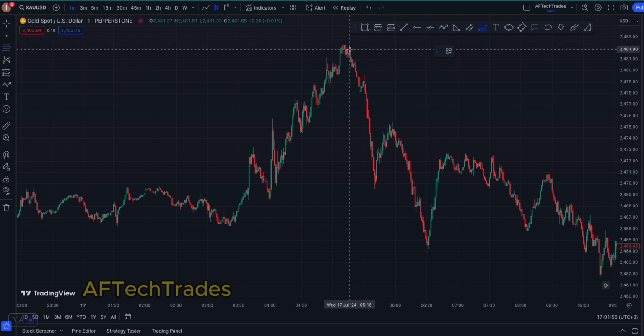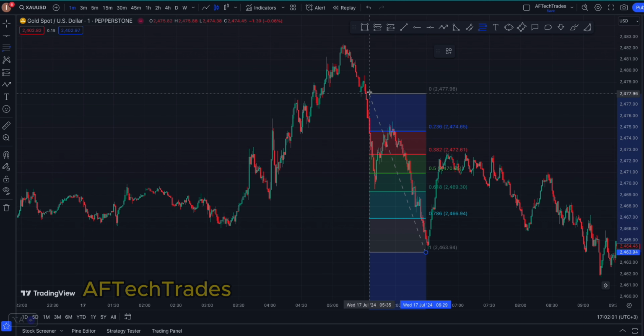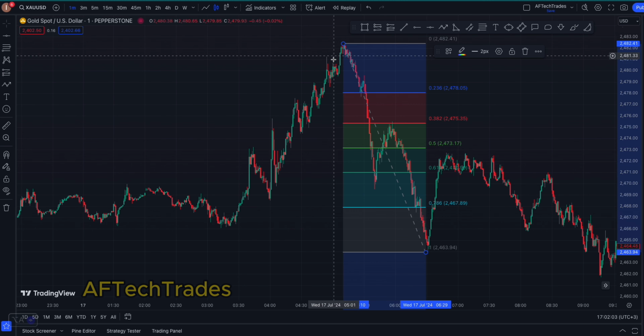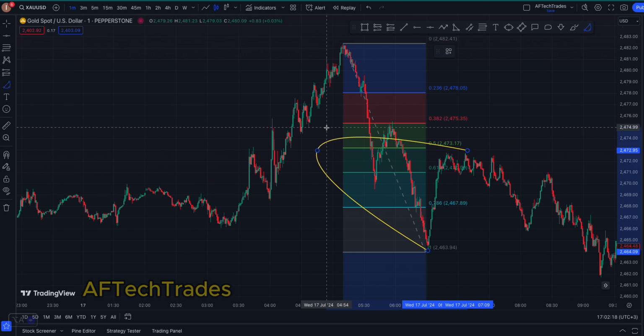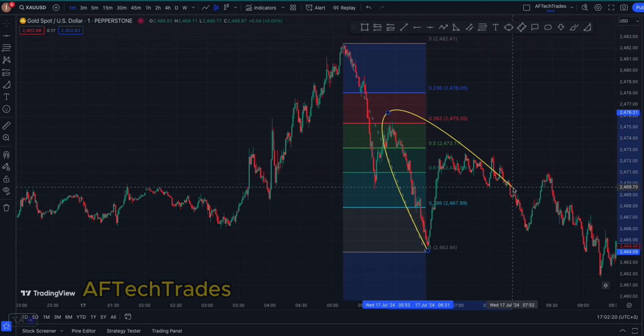I pick the Fibonacci from here to here. This is the downtrend. Then this formed. First of all, let me put that in the shape that will clearly show us the formation. Okay, I'll adjust it.